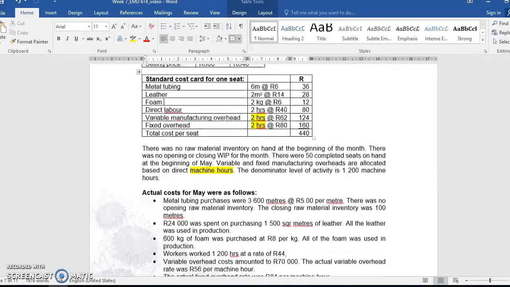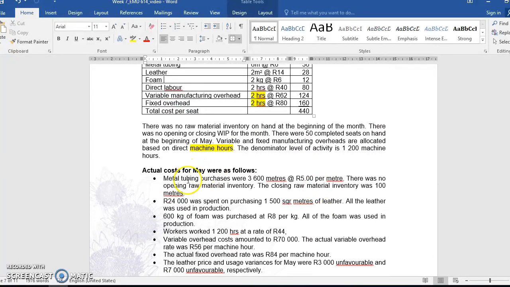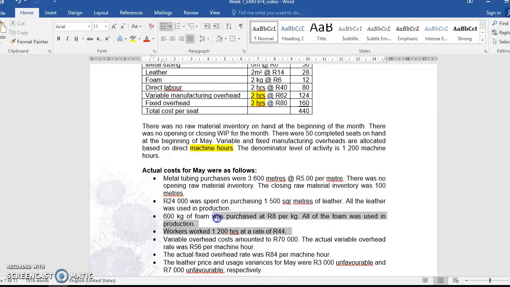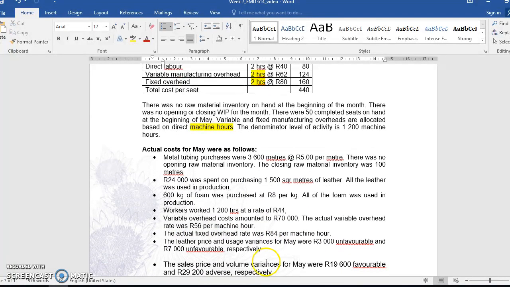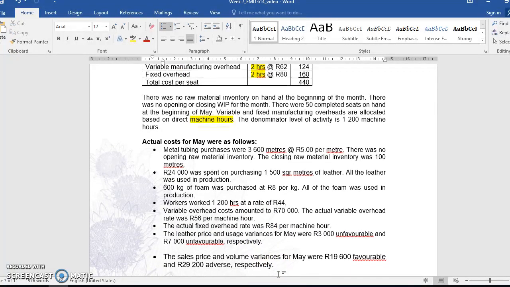Then here's the actual information given to us. What actually happens for metal tubing, leather, foam, material, variable overheads, and fixed overheads. Then they give us some variances, so we don't have to calculate all of them, and they also give us sales price and volume variances.